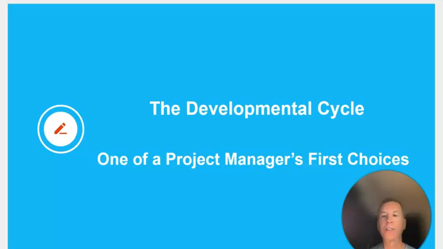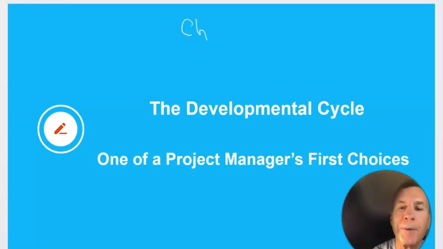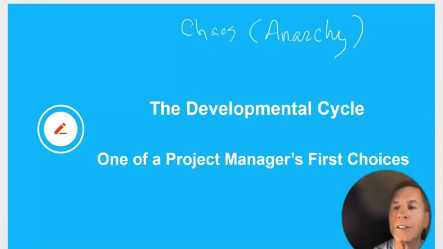Just wrapping it up, just a couple slides left. I do want to touch on the developmental cycle because we've already talked about, what does a project do? Well, largely we're taking something that could be considered chaos, or anarchy was used as well, just as a way of thinking about it, and we're driving it through the complex to the complicated and hopefully back to simple.